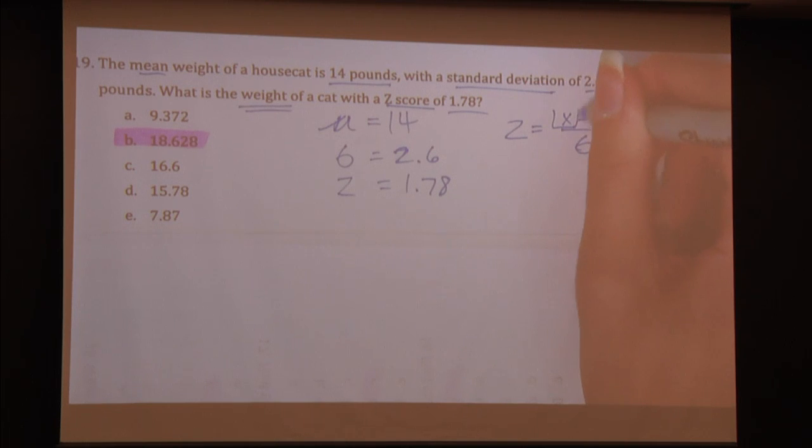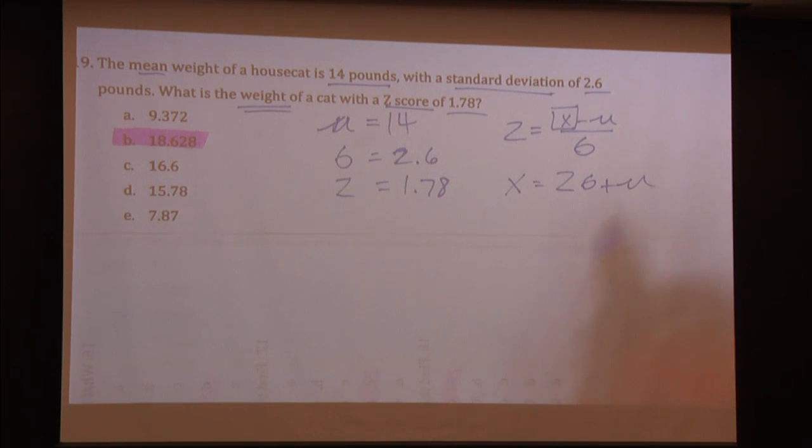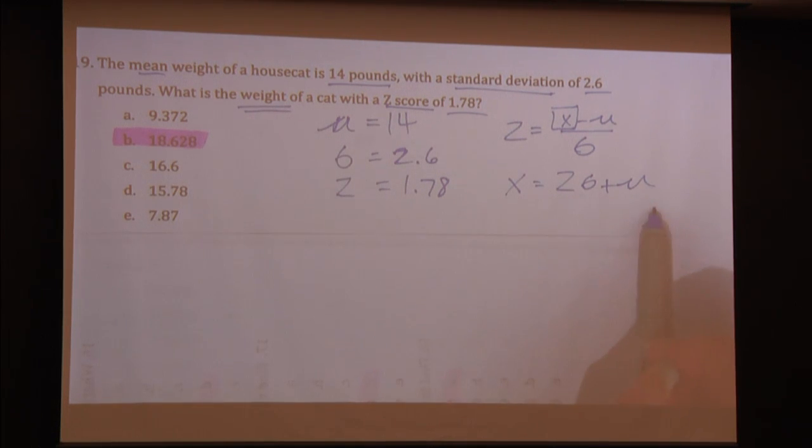And then when we're finding x, we can do a very quick algebraic rearrangement. Move the standard deviation over to this side. Then add the mean over. And when we solve for that, it puts out B. So we already said what each of these variables are. We have them.